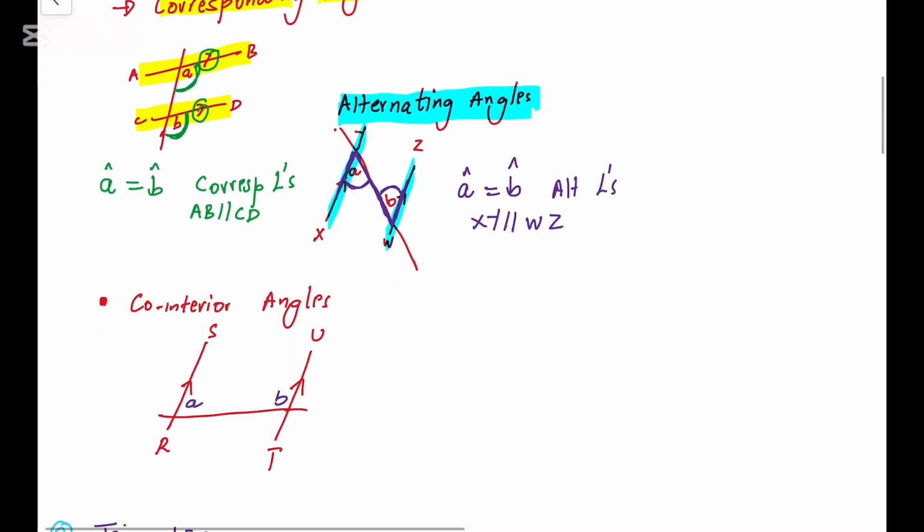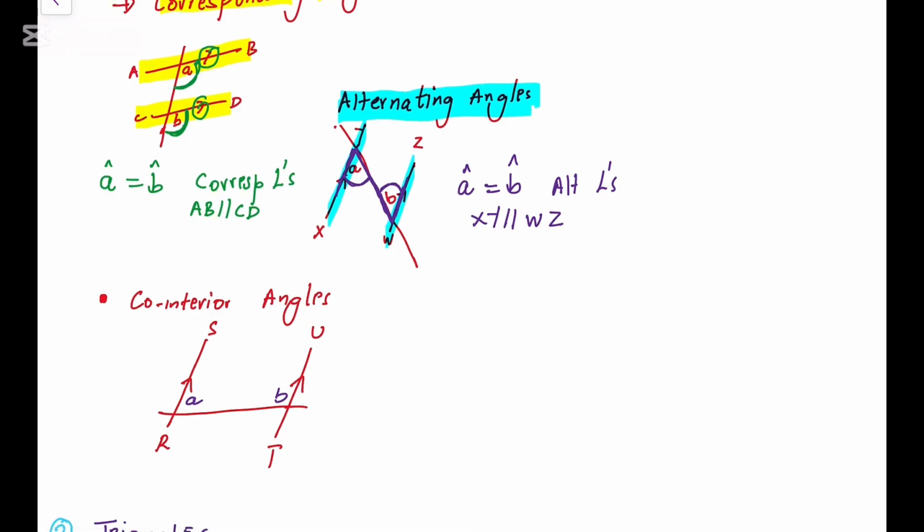We also have co-interior angles. Co-interior angles are not equal, but they add up to 180.